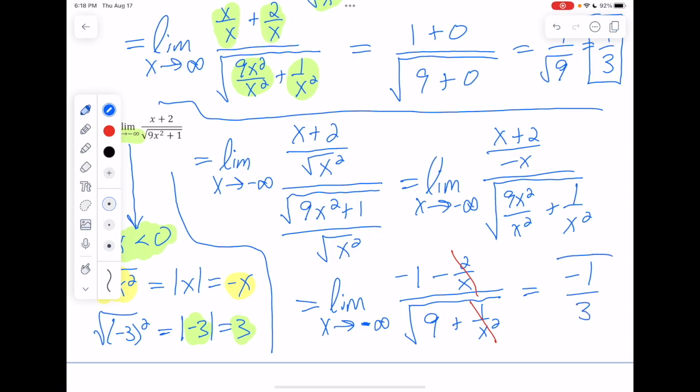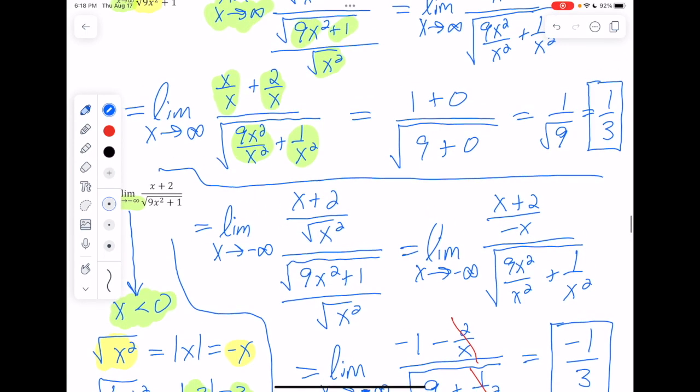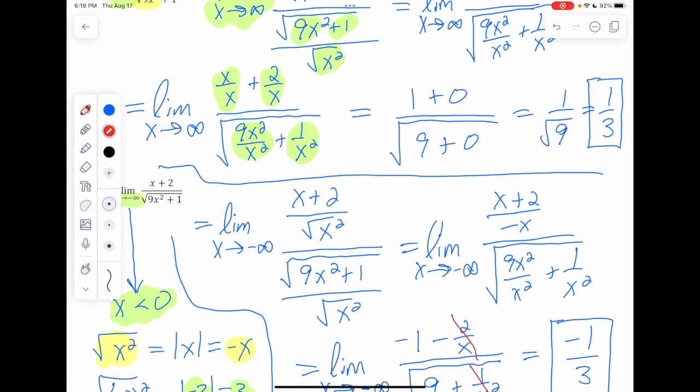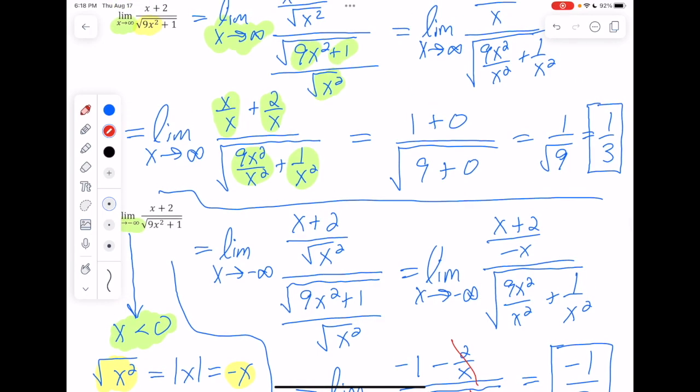So our answer is not the same as it was before. We get negative 1/3 instead of positive 1/3. And what does that allegedly mean about our graph? Well, if x is going to infinity, that's what's happening on the right-hand side of the graph. Apparently, this graph will have a horizontal asymptote of y equals 1/3 on the right.